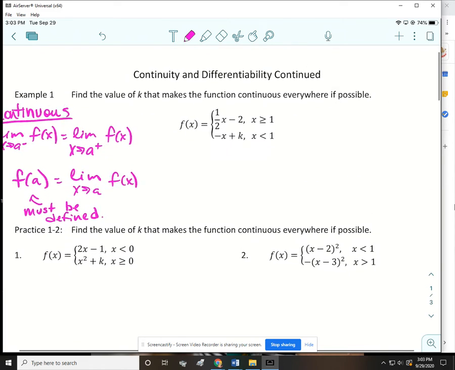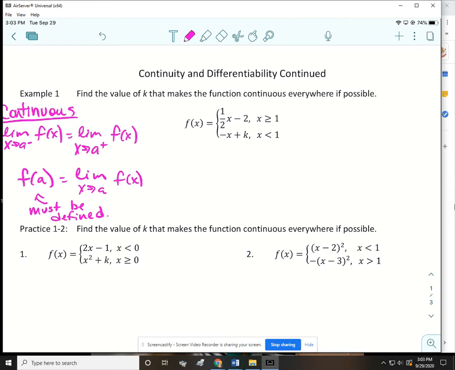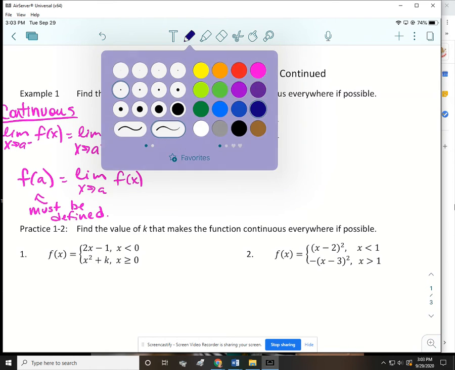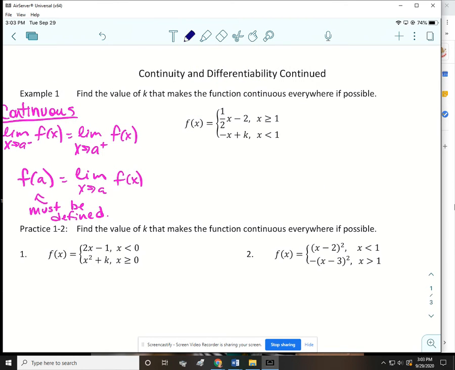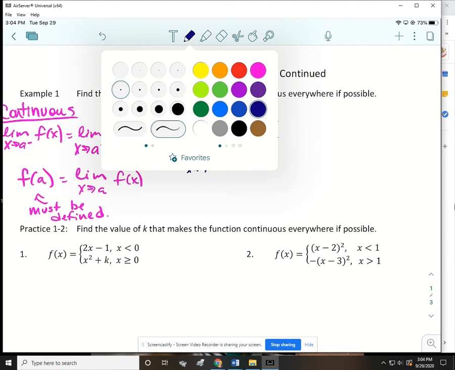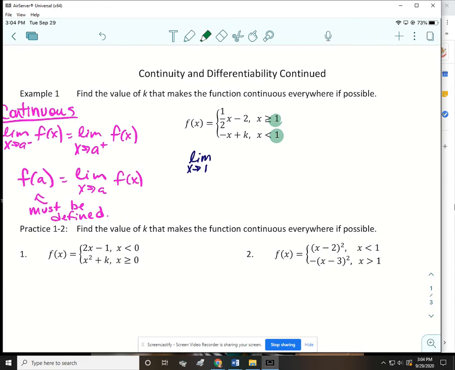All right, so let's look at this first example. We have a piecewise function, so these are all going to be piecewise functions, and we want to find the value of k that will make the function continuous if possible. So I'm just going to write my notation using the limit. So the limit as x approaches 1. So 1 is the value that is questionable, because that's where we change pieces.